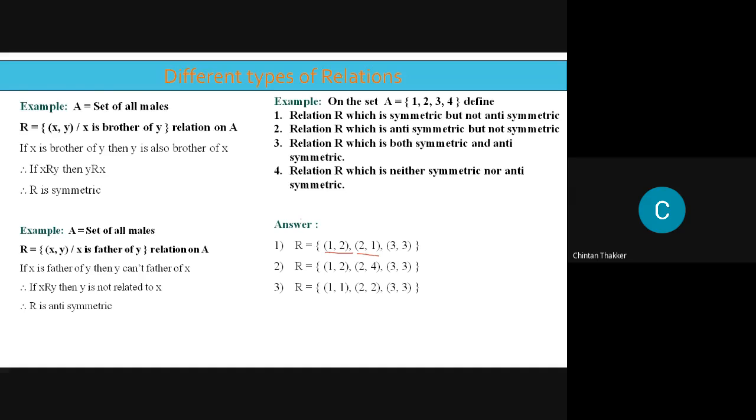Then you have your four ordered pairs in which two elements are equal. So the subsets of that set are R, 2 raised to 4. So you have 16 relations which are both symmetric and anti-symmetric. Okay.